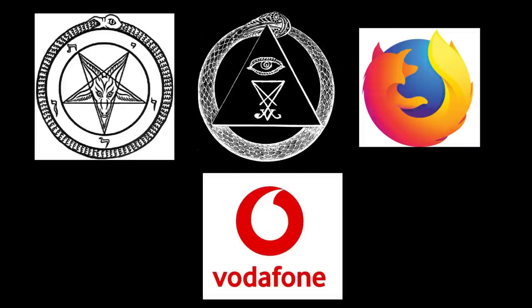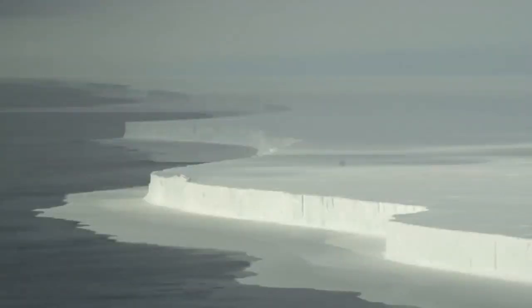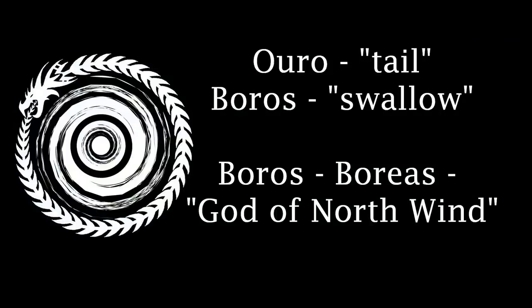Many have speculated that the Ouroboros symbolizes the ice ring at Antarctica. Oro comes from the ancient Greek meaning for tail, and Boros comes from the ancient Greek meaning for swallow. Boros is also very similar linguistically to Boreas, god of the north wind.